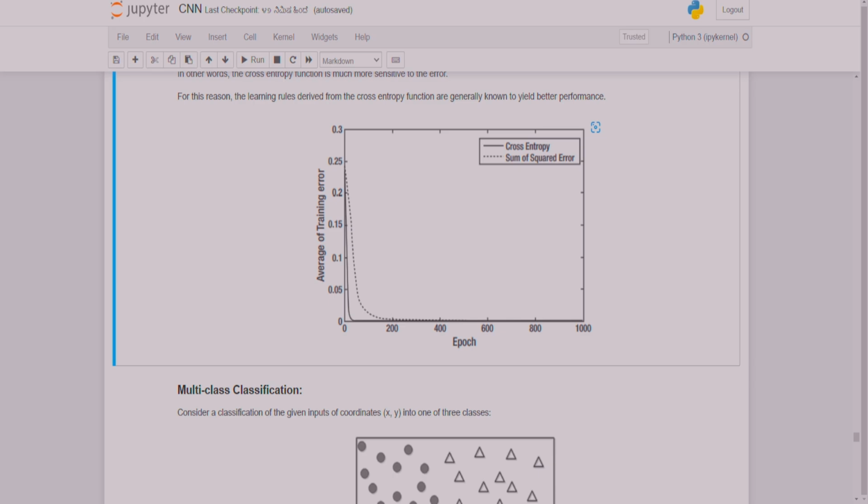But these are the methods available. If you are going for a very small number of epochs, then there may be a difference. But as the iterations go on, maybe after 400 or 450, 500, we don't see any difference at all. Both are the same.